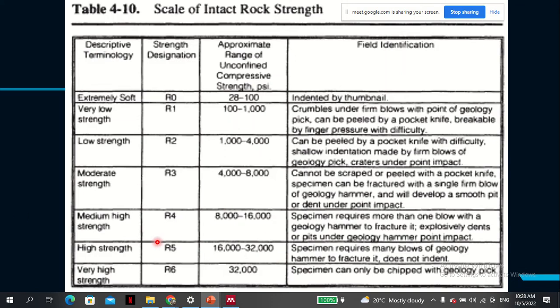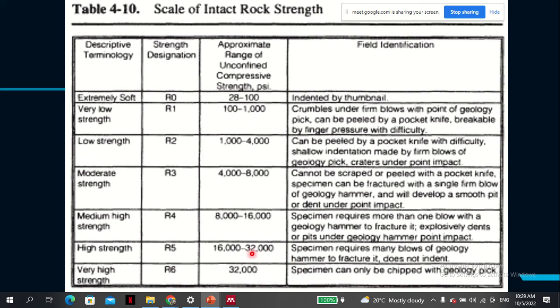And so high strength is R5. This is 16,000 to 32,000 psi. That's actually about 110 to 220 MPa. So if you talk about MPa, R6 is above 220 MPa. So that's very good rock.